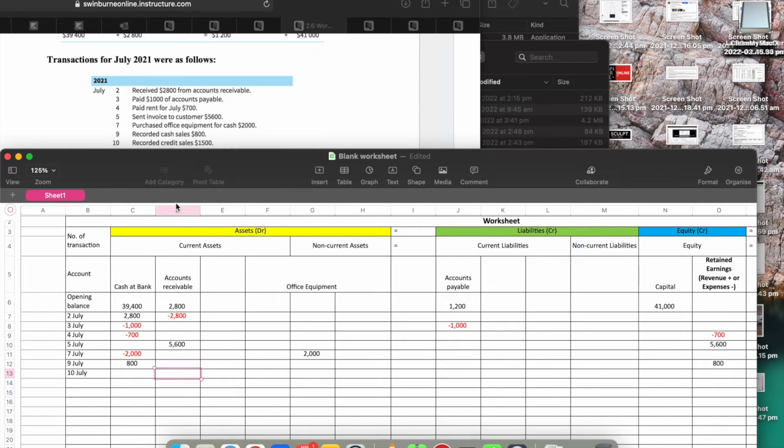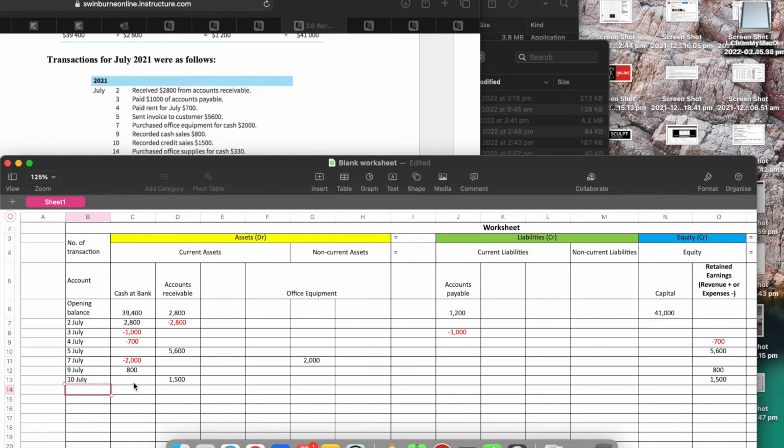Credit sales means sales made on credit, so we're making a sale, so let's jump over into our revenue and record that. So yay, that's a good thing. And then it's on credit, which is accounts receivable, so we want to increase our balance by 1,500 there. So it's very much like this 5th of July one here, exactly the same.